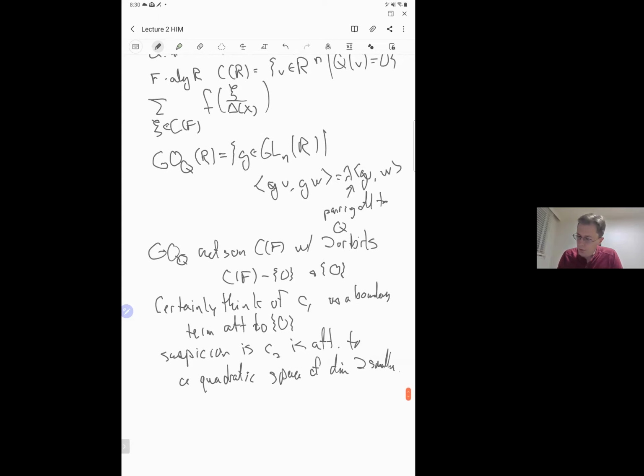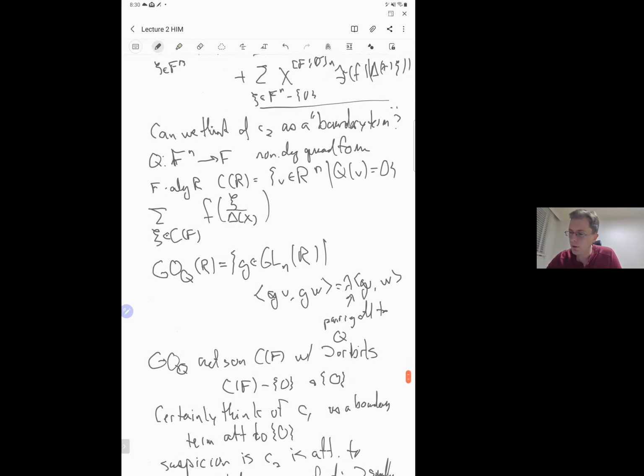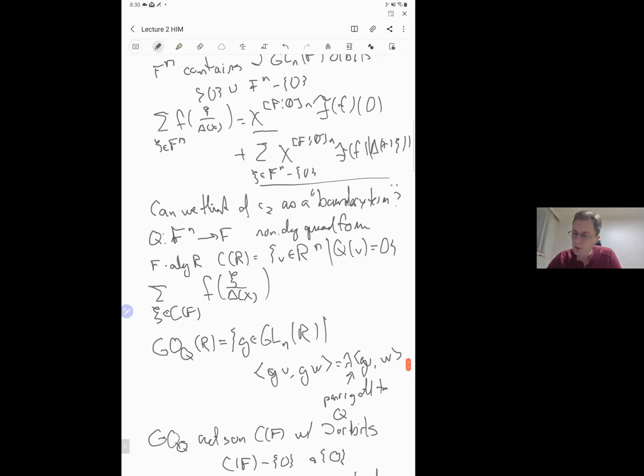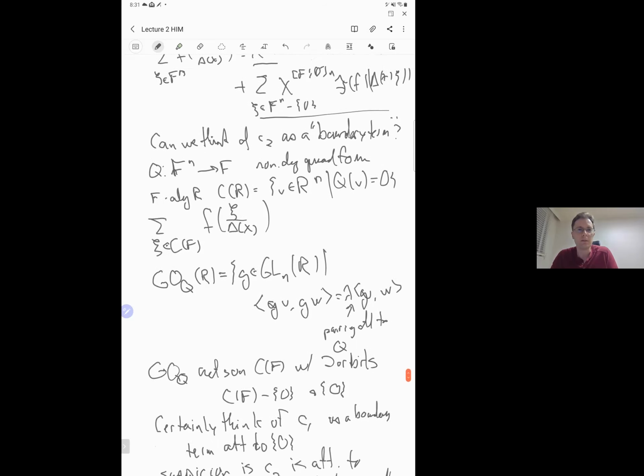But one thing, if you're paying attention to this, you should protest. These comments were predicated on the assumption that in the Poisson summation formula, we start out with a vector space, we do Poisson summation, and then we decompose the vector space under orbits of some group. But if we're just thinking in terms of classical Poisson summation, you should protest that you can't just apply Poisson summation in the usual sense to X(F) and expect to end back at X(F).